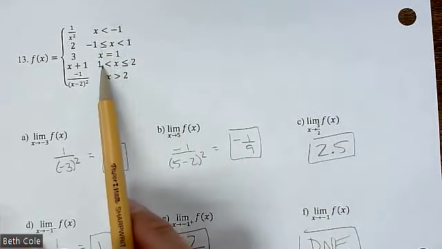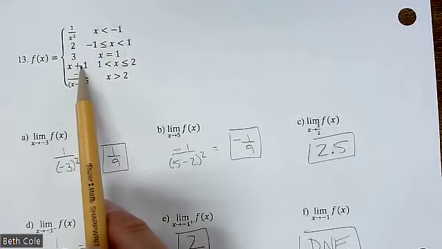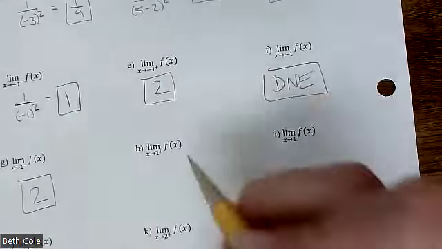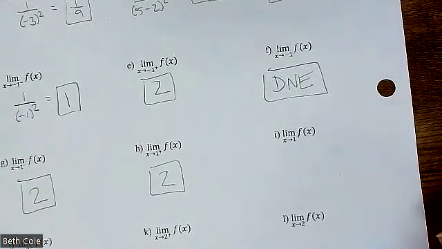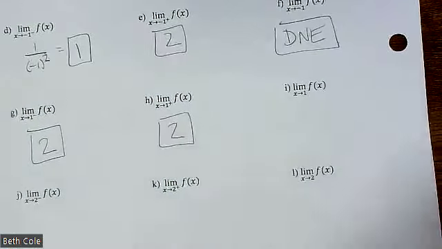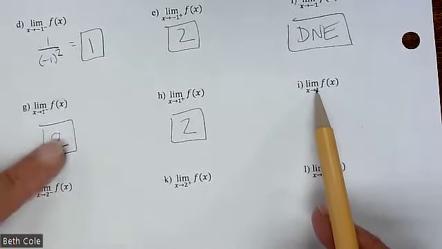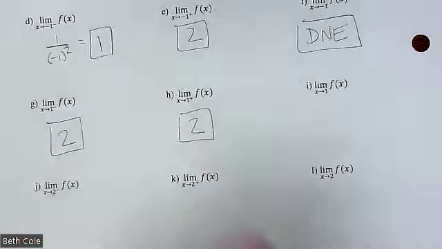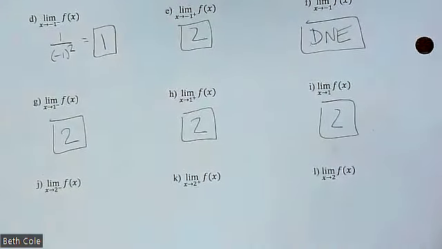The fourth one. Do you see x bigger than 1? Now, if you plug 1 into that, 1 plus 1, 2. So now I don't need the equation anymore. Now I want 1 overall. So look at, from the left, it's 2. And from the right, it's 2. So the answer is 2.